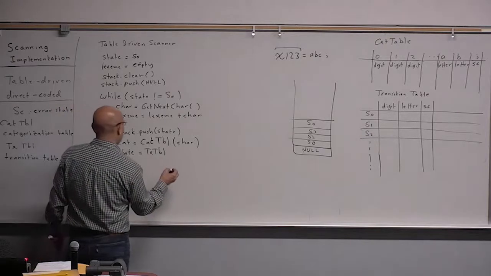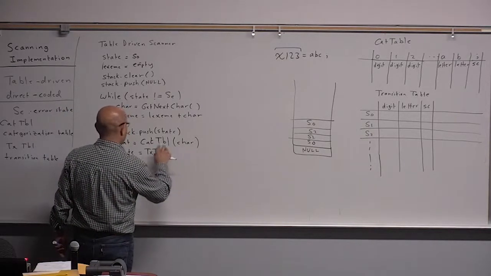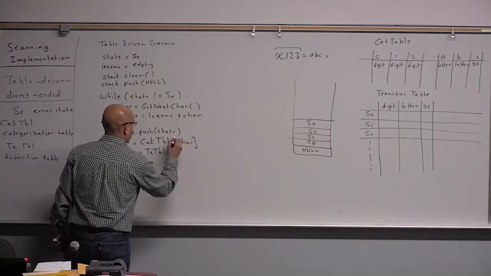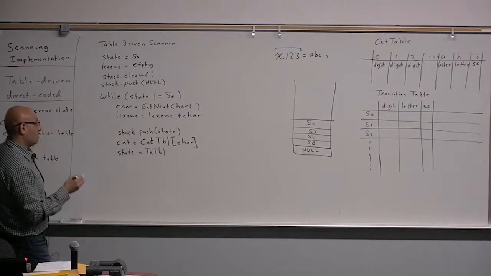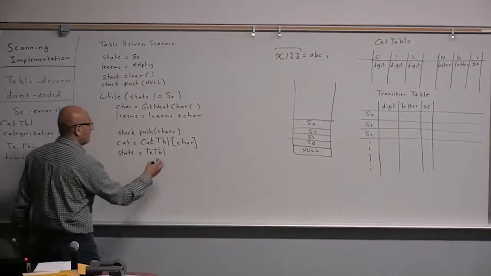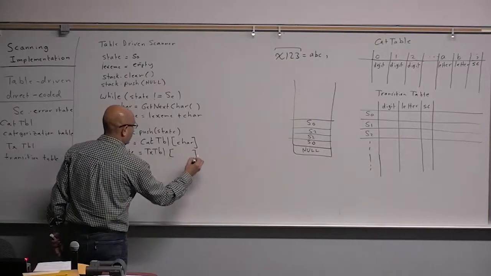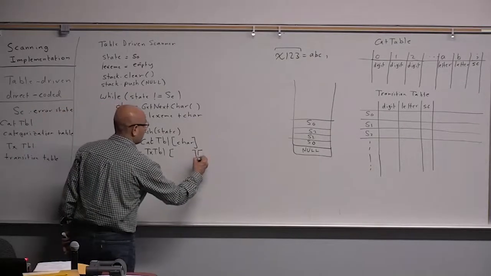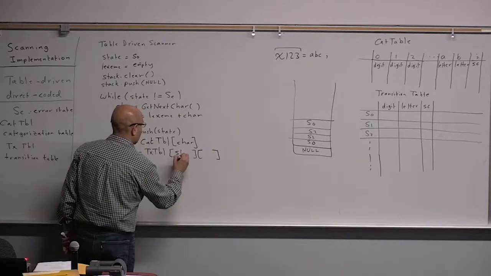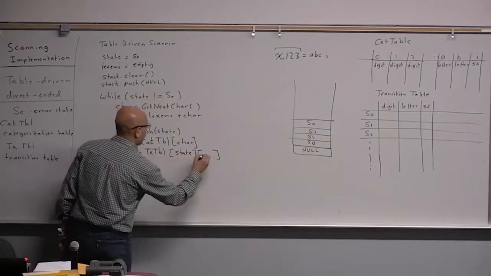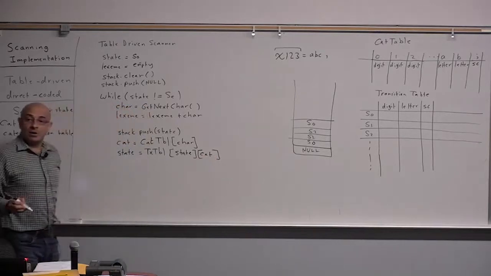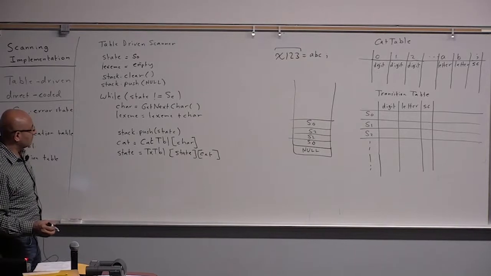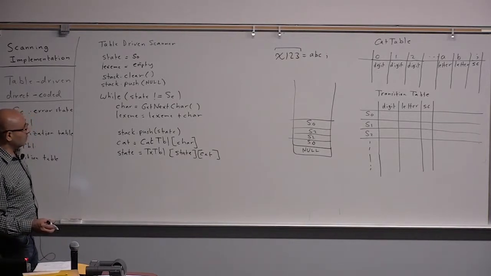Because the cat table is an array, we index it using this notation. The transition table is a two-dimensional array. The row is the state, and the column is the category. Now we know the new state, and we keep looping.